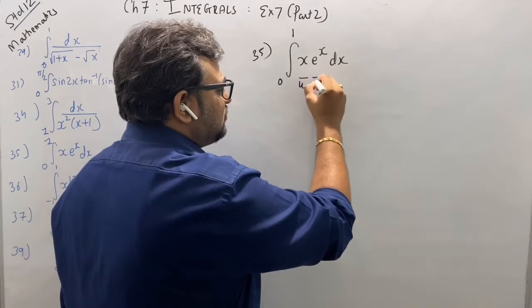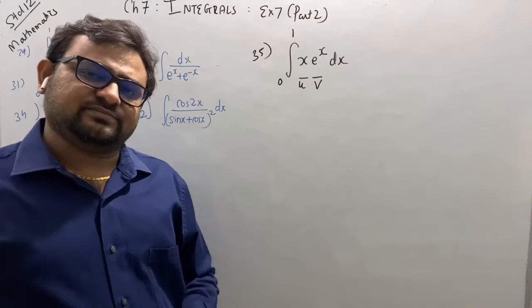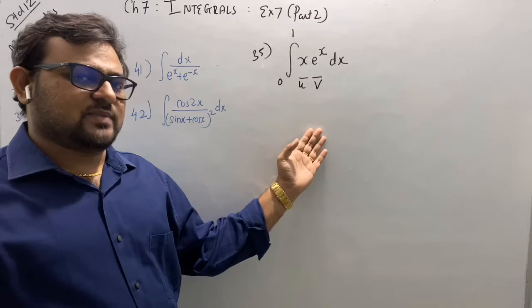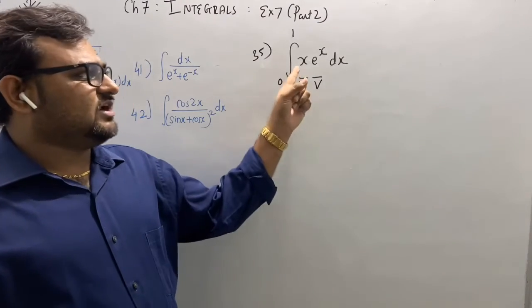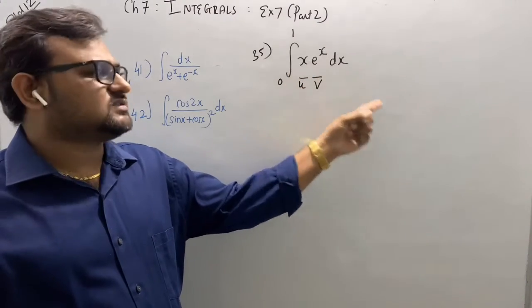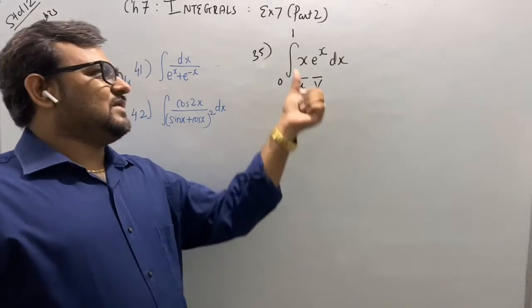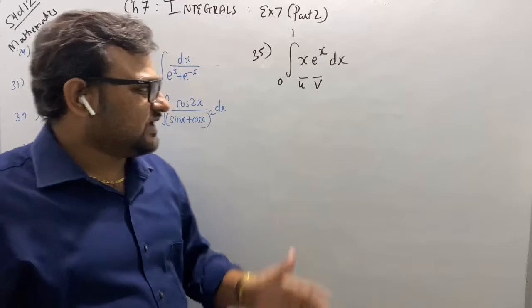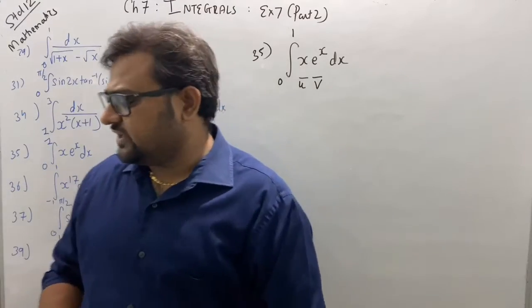Take this as u, this as v. Clear? x as it is, integration of e raised to x, minus integration of derivative of u times integration of e raised to x, and then solve it. Finally, put the upper limit and lower limit, right? So it's a very simple sum. Let's move to the next one.